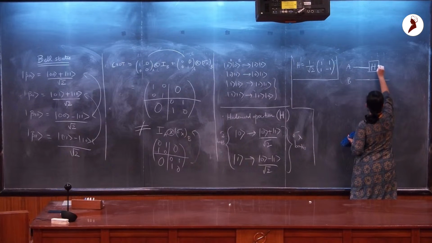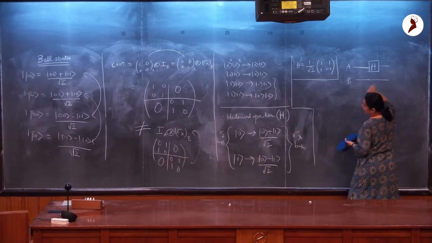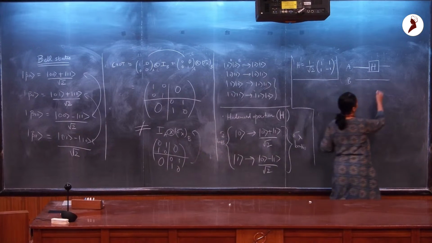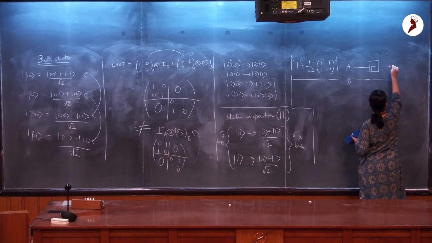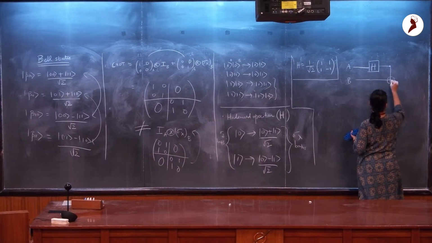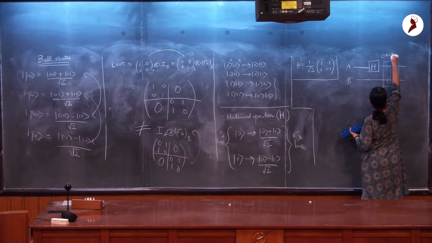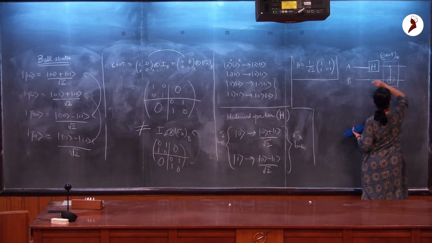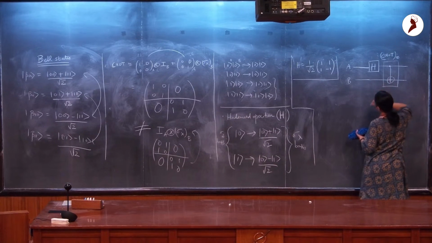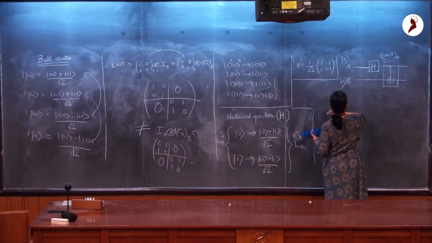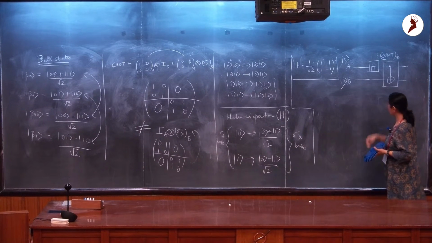And then I'm going to apply this non-local gate, the C naught. There is a sort of symbol that we use for this. So maybe let me just use that, okay? Basically, this is the C naught transformation between A and B, okay? And now I'll work out one example case and then leave it to you to work out the rest.